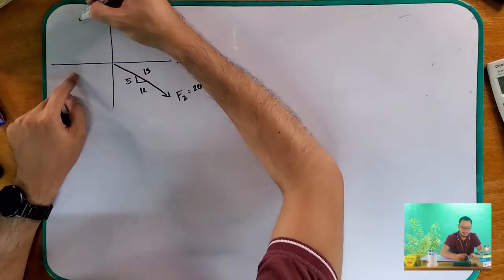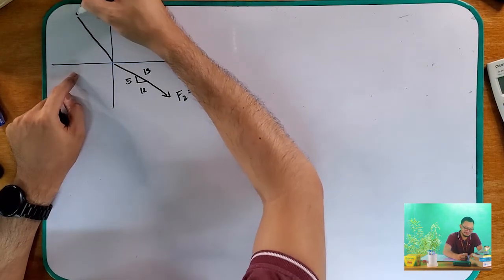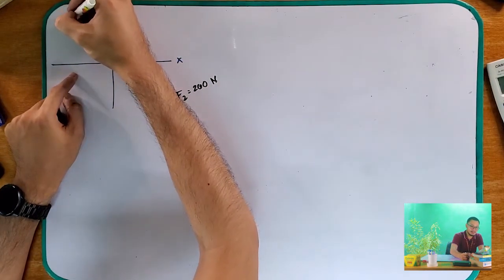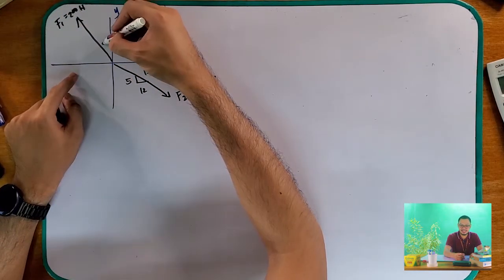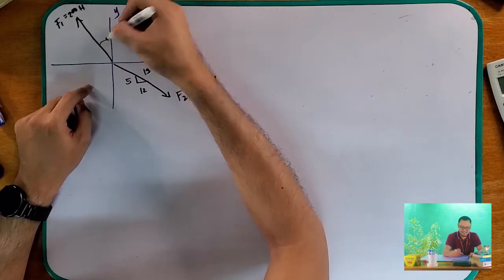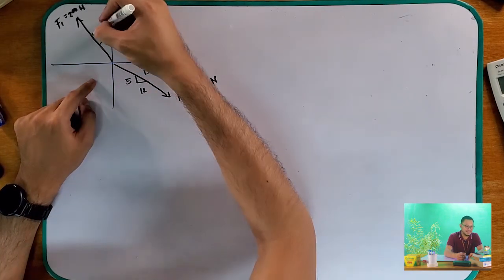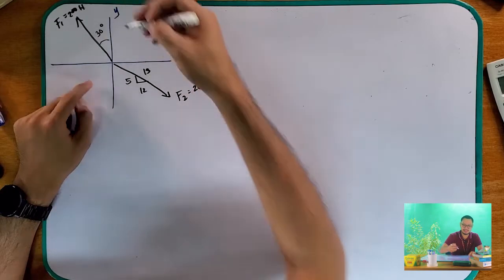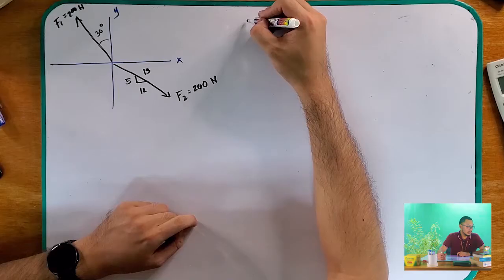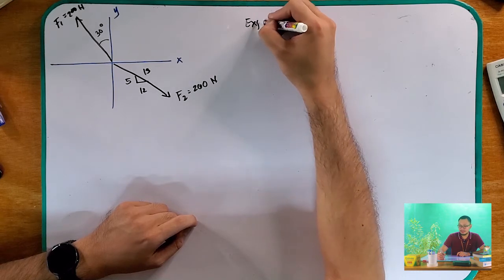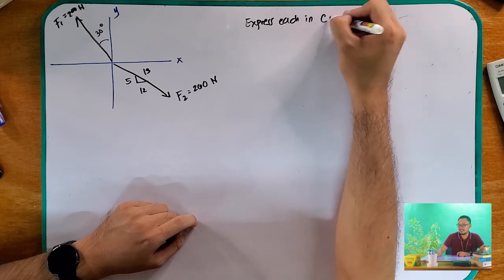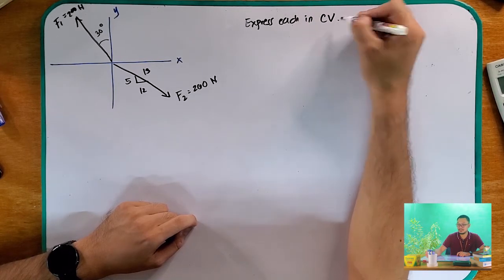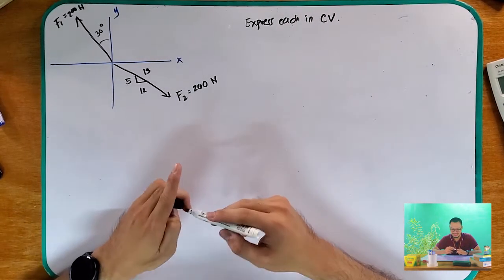And the other one, F1, equals 200 newtons, and its given is an angle. One has a given slope, the other has a given angle, 30 degrees. So our goal is to express each in Cartesian vector. CV. Curriculum vitae.